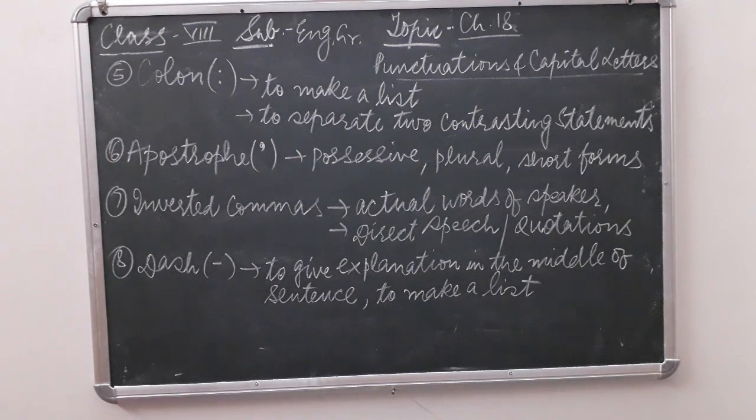For example, to err is human: to forgive divine. To err, or to make a mistake, is human.